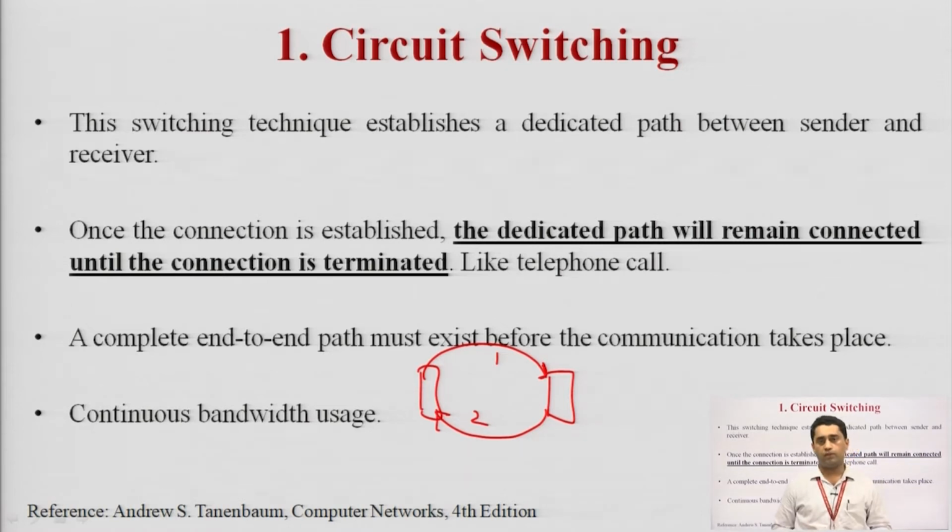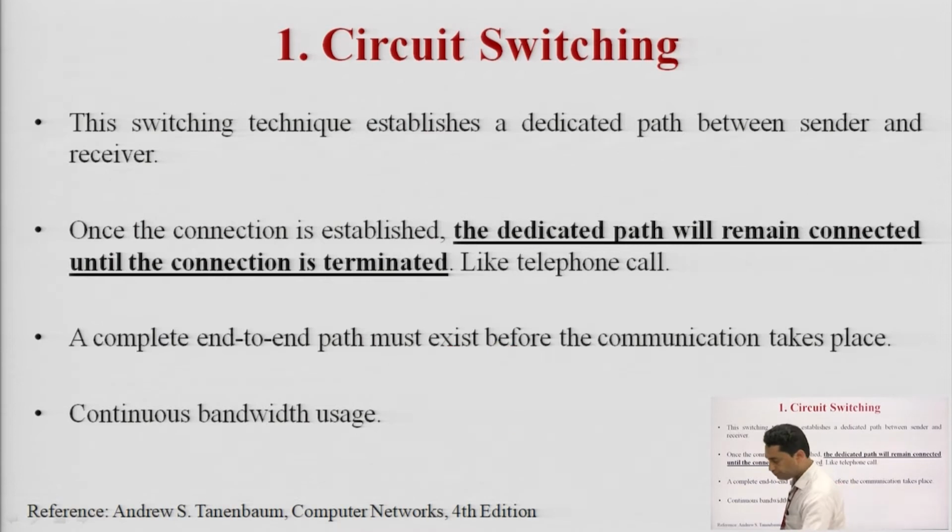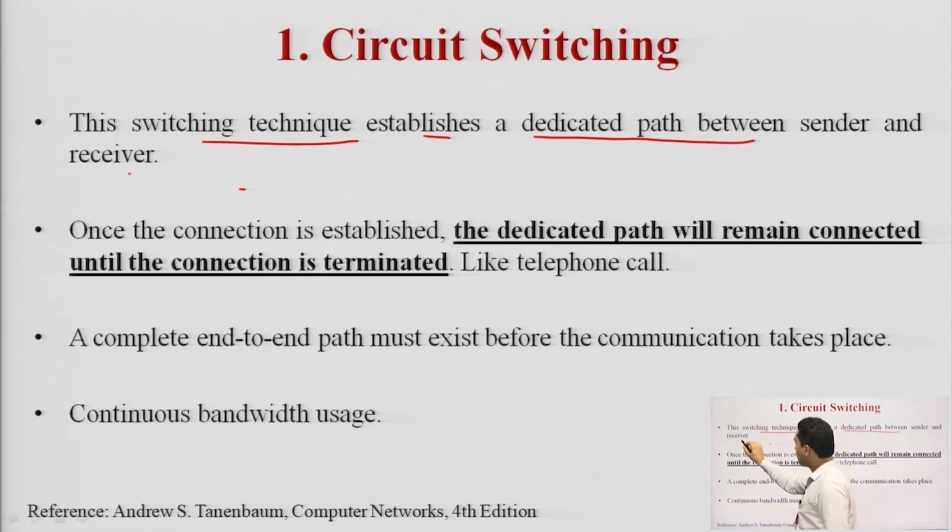Now, let us look in technical detail at how circuit switching forms in a computer network for data transmission. This technique establishes a dedicated path between the sender and receiver. As I said, a complete loop is there between the sender and receiver, so this dedicated path is formed.